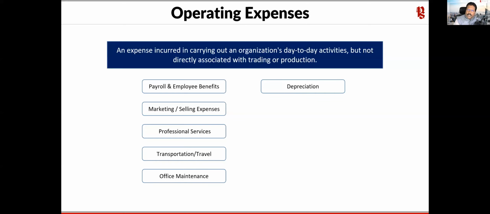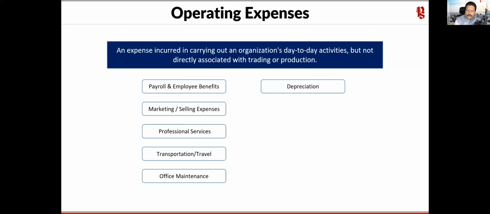Now when we come to our accounting fundamentals, we will also discuss what an expenditure is, how you define an expenditure, what an asset is, and how you distinguish between an expenditure and an asset. All this we will see in the upcoming sessions. But depreciation here, we are putting under the block of operating expenses, though you are not paying money to somebody immediately, or maybe at a later point.